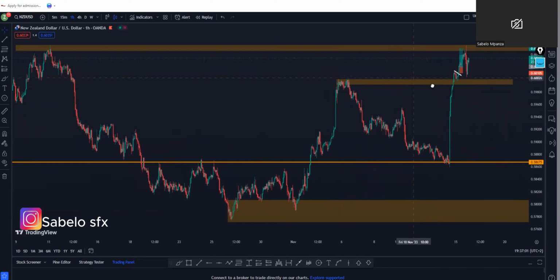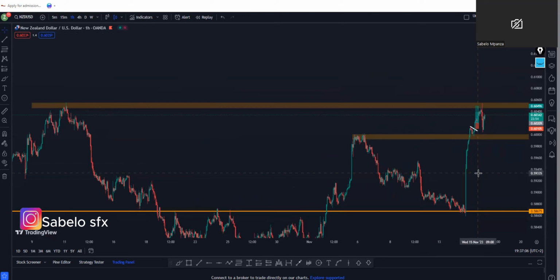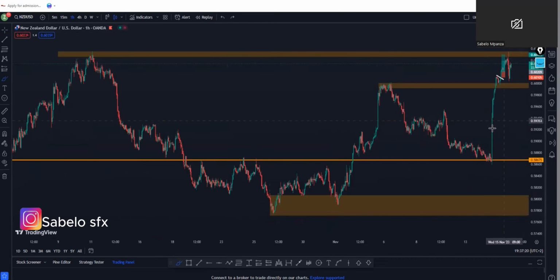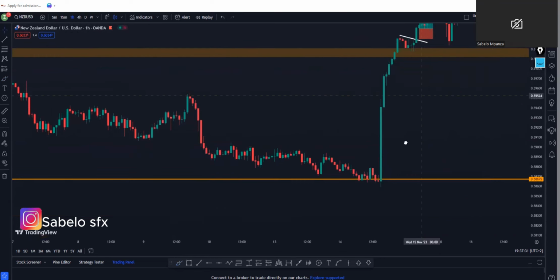If maybe NZD is still positive with +5, 6, 7, and US dollar is negative with -5, 6, 7, maybe this thing is going to break above and continue going up. But for now, it's not breaking. That means the strength of NZD is trying to slow down. So that's how I got this trade, guys.